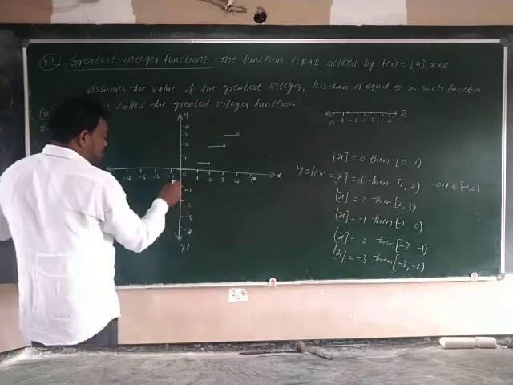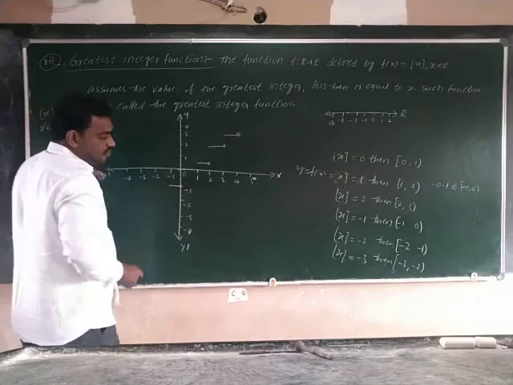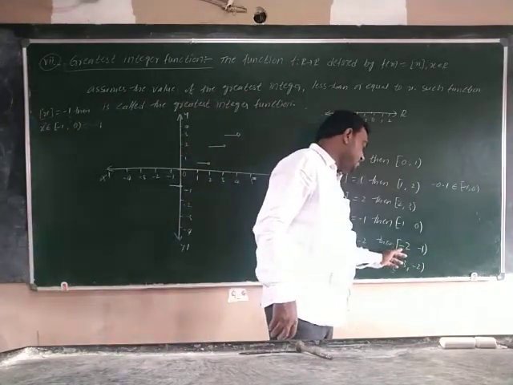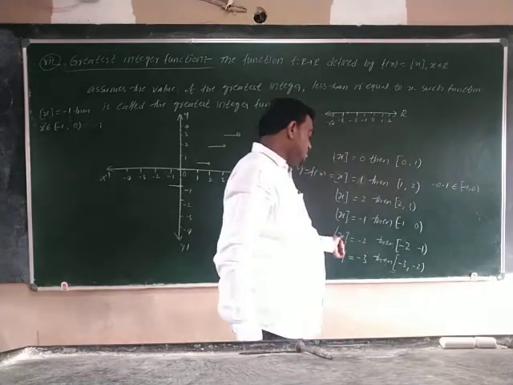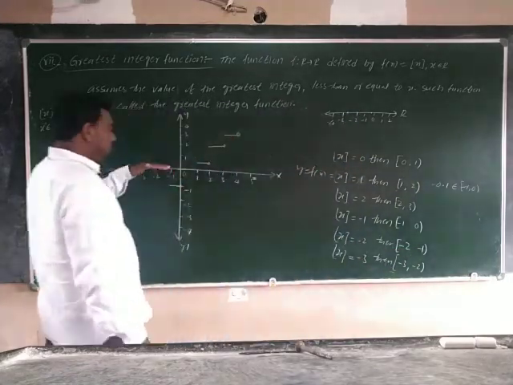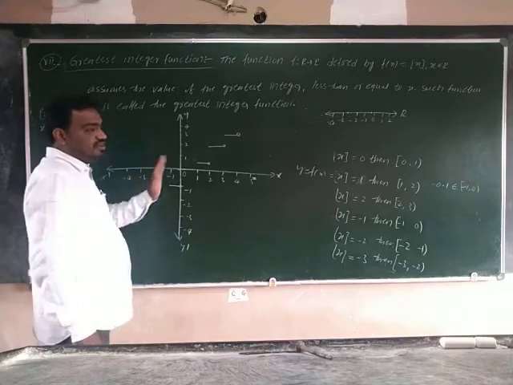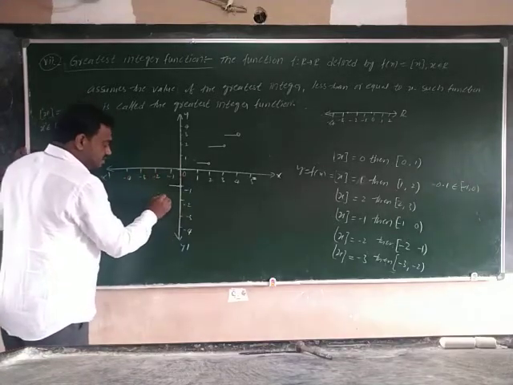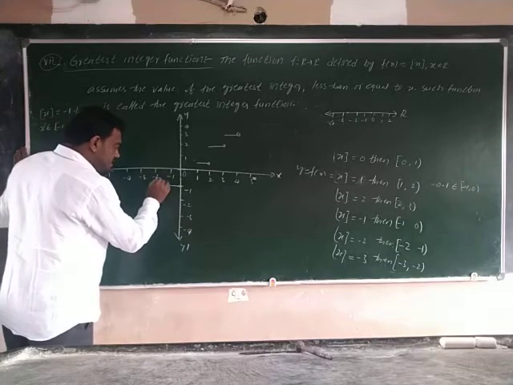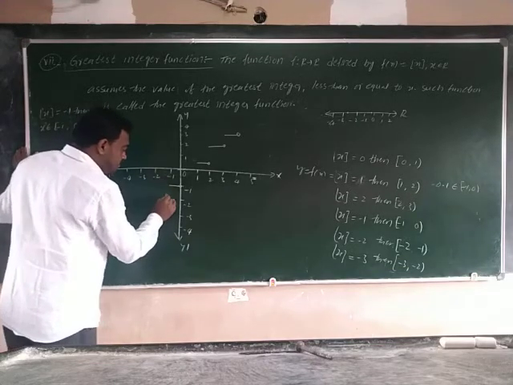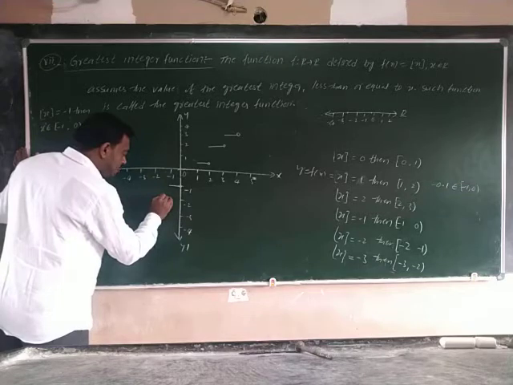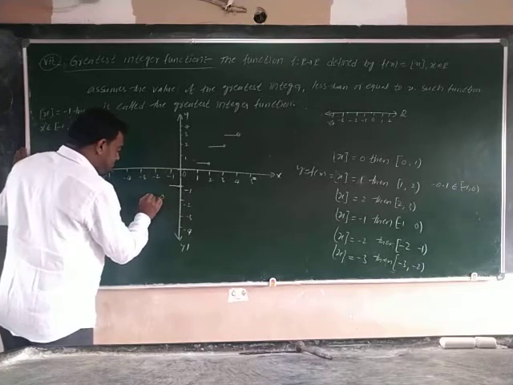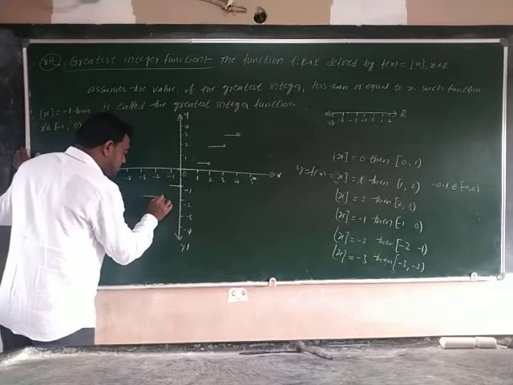See next, -2 to -1. In this interval, y equal to f of x equal to -2, parallel to x axis. So -1 is excluded and -2 is included.